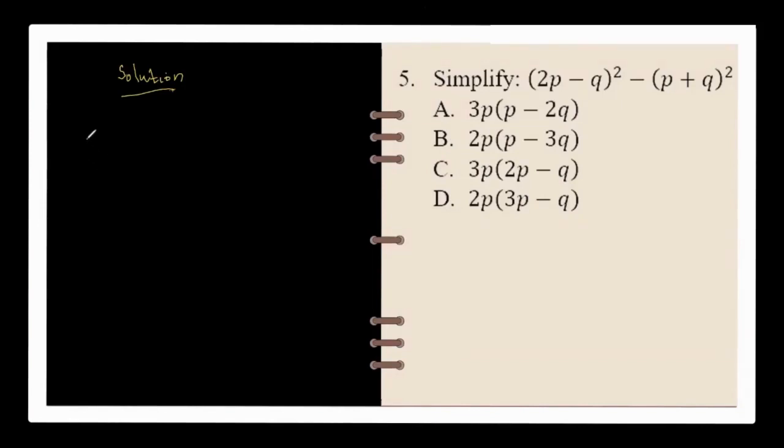Now, this question number 5, we are asked to simplify (2p minus q) all raised to power 2 minus (p plus q) raised to power 2. Now, this expression here is in the form of a very popular algebraic expression in mathematics. Look at this.